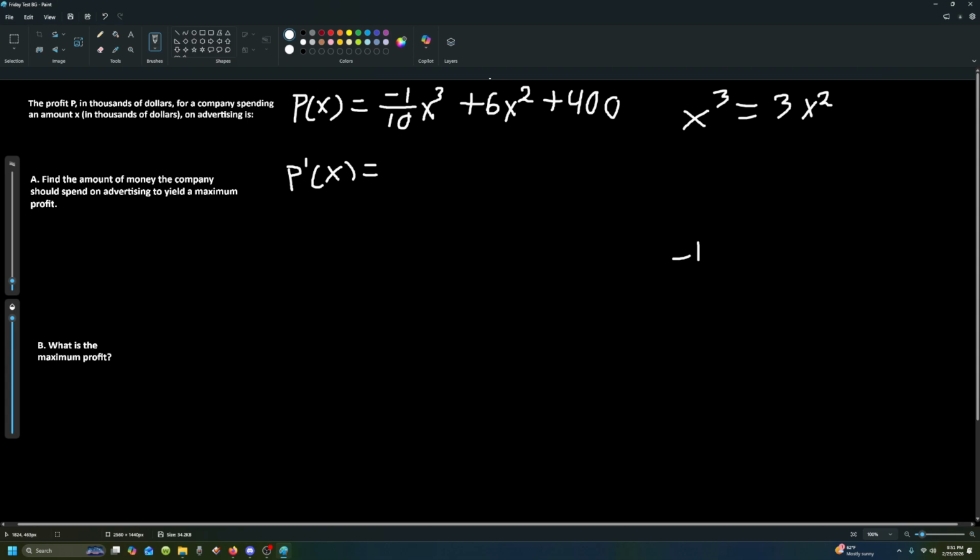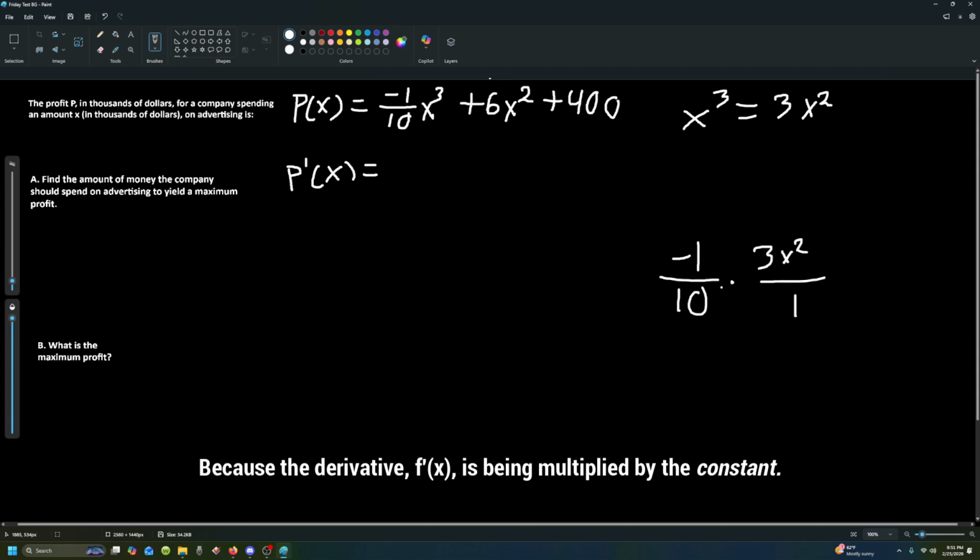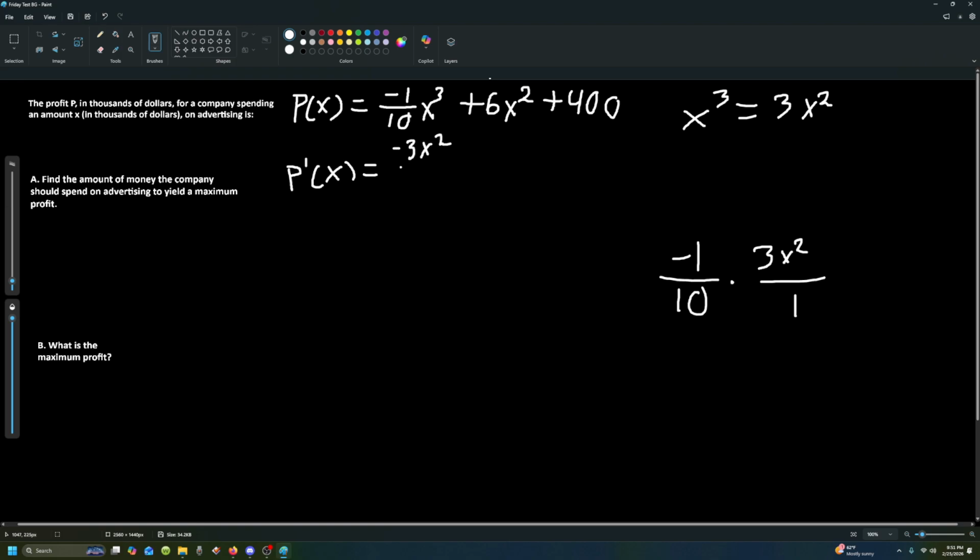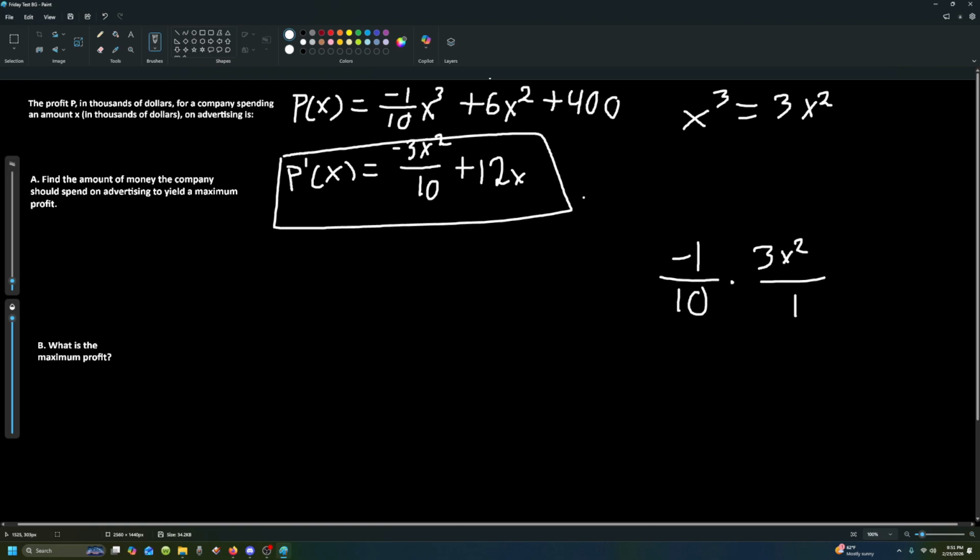That'd be the equivalent of having negative 1 over 10 times 3x squared, which we put over 1. When you multiply those together, you get negative 3x squared over 10, which we can keep that way. And then moving on to the next one, we have 6x squared, which is just 12x, and 400 is just 0.